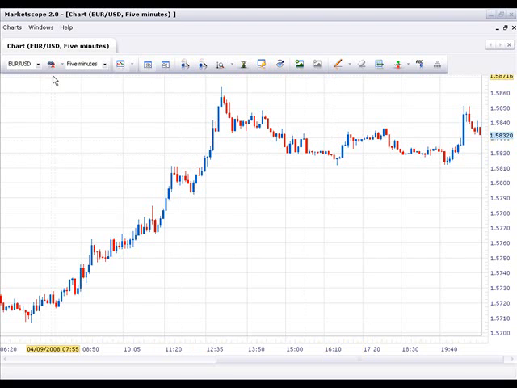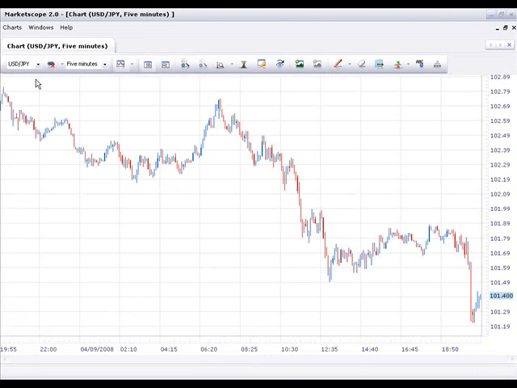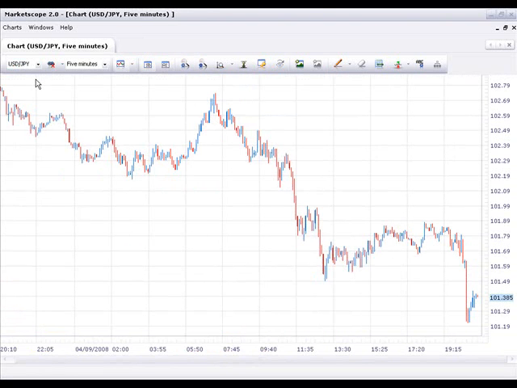Okay, now let's change this to a dollar-yen chart. Okay, still on a 5-minute chart. And we can see here that from right around 5:20 a.m. to around 7:20 a.m., the dollar-yen pair or the rate for the dollar-yen increased, meaning that the dollar strengthened in relation to the yen.